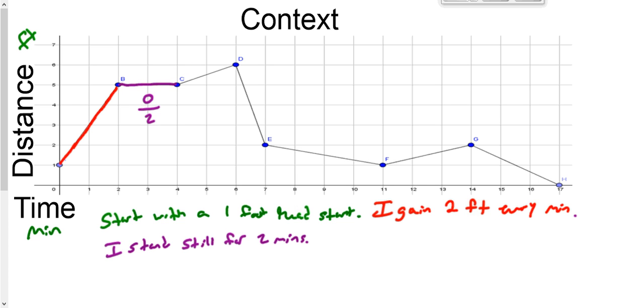The next section, I gain some more distance. It is still a positive slope. It is 1 over 2. So the next section of our story, we have to incorporate that. I gain 1 foot in 2 minutes.